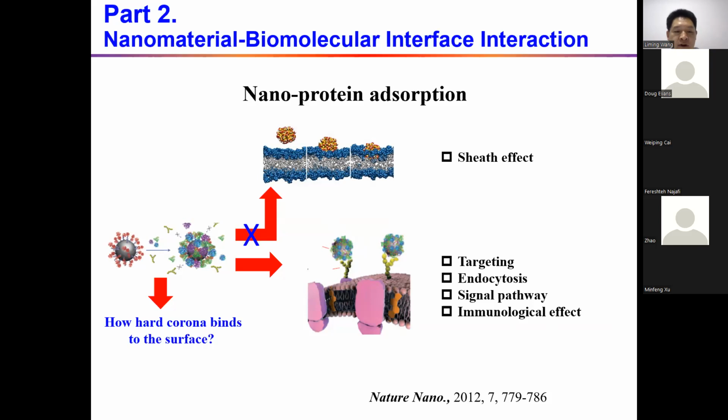is not clear. If we can reveal the binding structure of nano and protein interaction, we could better understand how the protein corona causes some biological effects and triggers effects like inflammation and signal pathway activation.